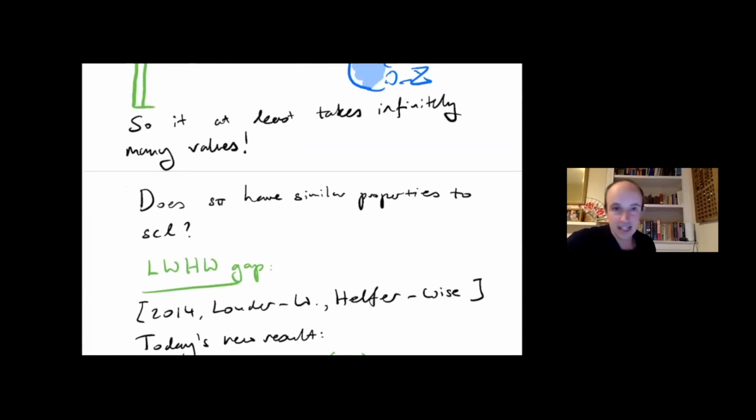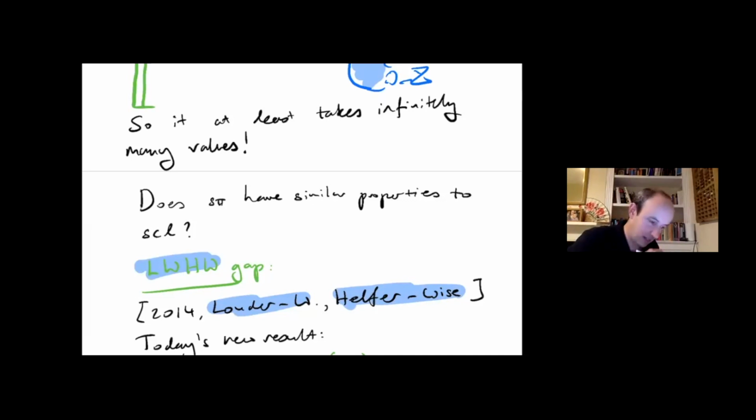Well, yes, it does. And one of these properties is a theorem, I want to call it the LWHW gap, because it was proved by myself and Lars Louder in 2014, and also at the same time by Helfer and Wise.